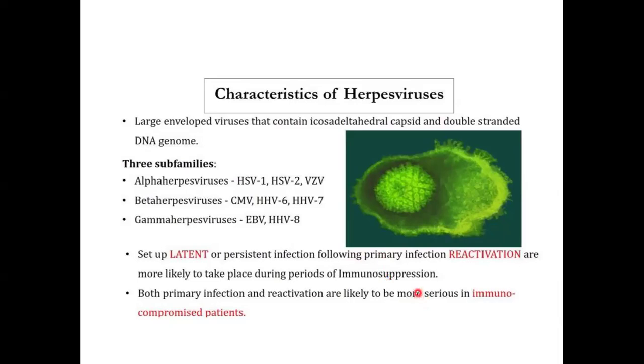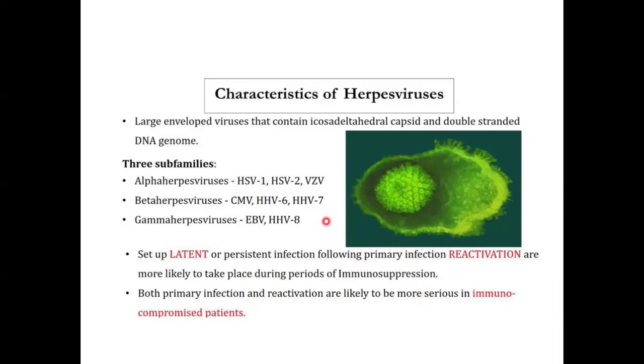So what that means is you get the virus, then when you get it, it stays in your system for some time. Then it becomes reactivated when you're in an immunocompromised state. Okay. So for example, if you get HIV, if you get chemotherapy drugs, if you get things like diabetes, or if you are a transplant patient.